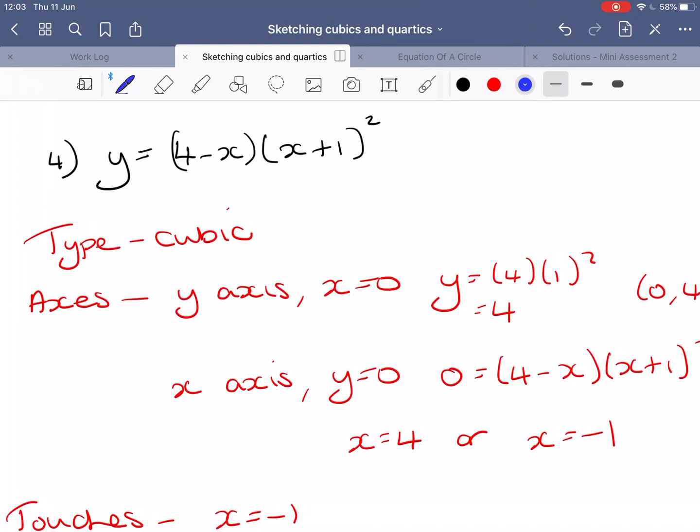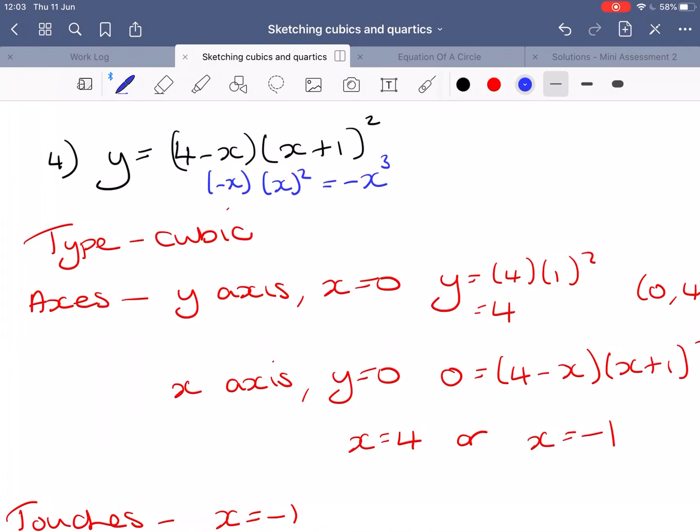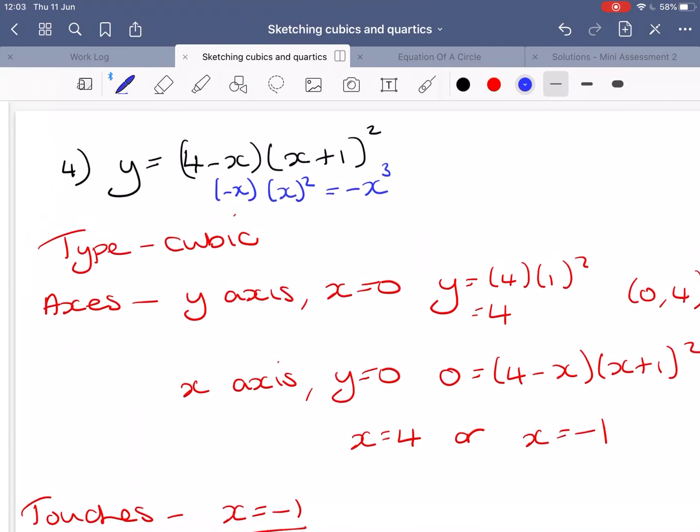Now, what have I got? I've got a cubic because I've got a minus x and an x squared. So that's going to give me a minus x cubed. So I think I've written down there, it's a negative cubic. Okay. Let's find where it crosses the axes. Put x equals 0 in and you get y equals 4. Put y equals 0 and you get x equals 4. Oops, I've gone a bit big there.